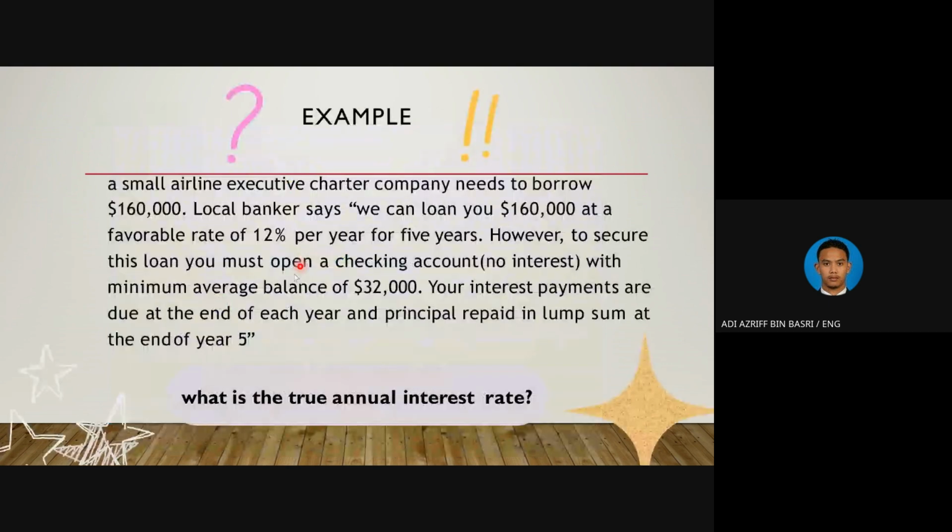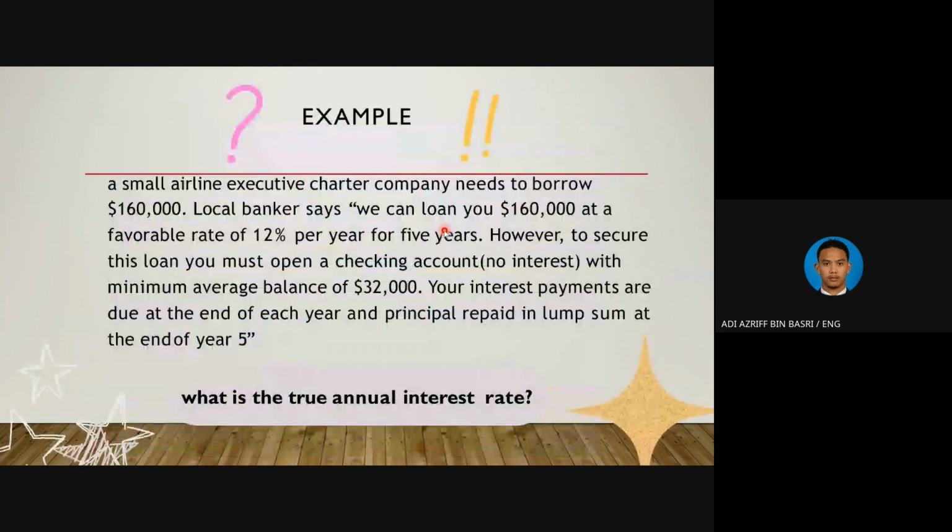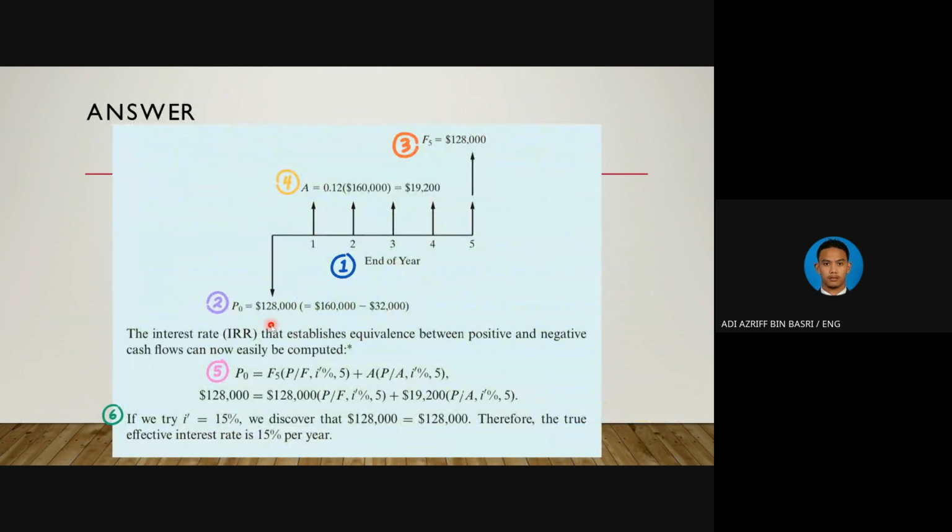And then the favorable interest is 12% per year for 5 years. So your annual will be 0.12 times 160,000, which is 19,200 for about 5 years. At the end of 5 years, you will get the future value of about 128,000.